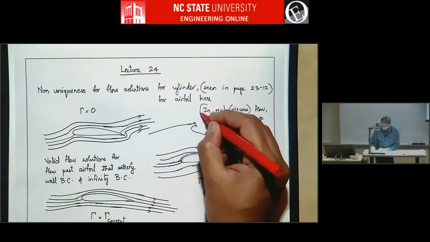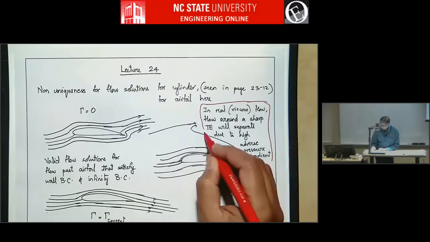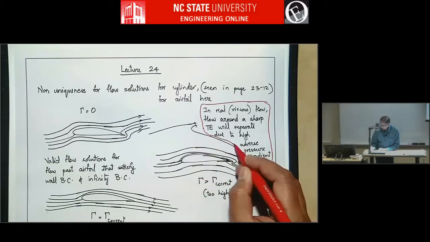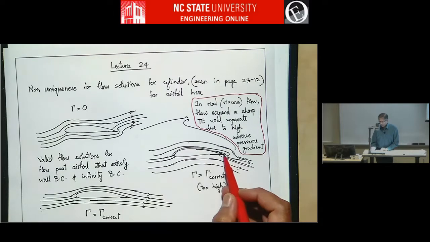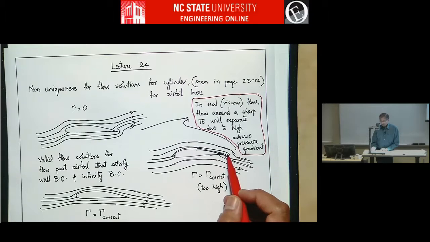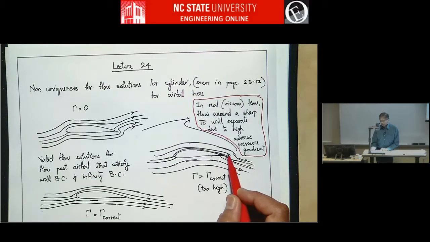So notice that even though we are solving inviscid flow, we are bringing in this condition which occurs due to viscous effects. It's viscous effects that prevent a real flow from being able to take a 180-degree turn almost around a sharp corner.